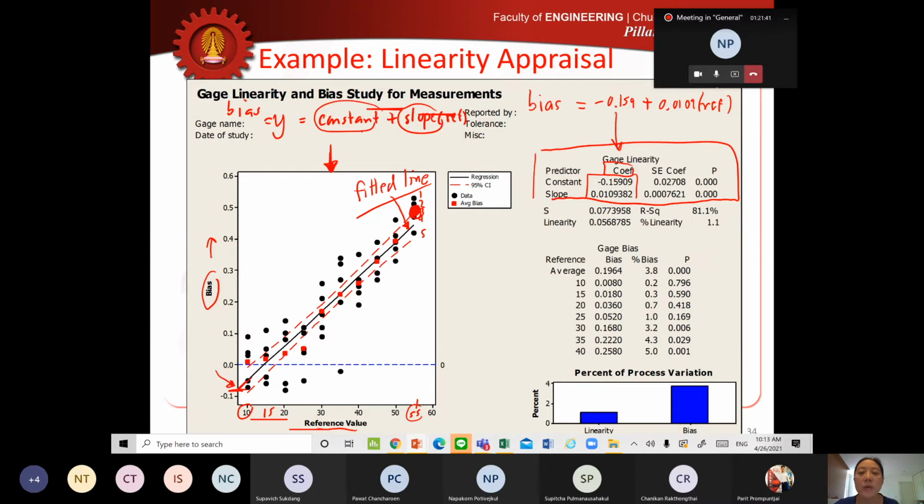So you have to take a look at the p-value of these two terms. In this case, the p-value shows 0.000. May I ask Parit, could you please summarize whether you believe that the slope is statistically significant or not, by looking at which numbers?